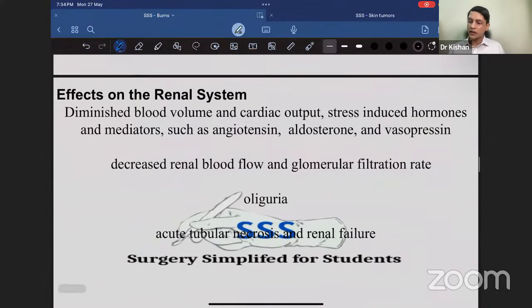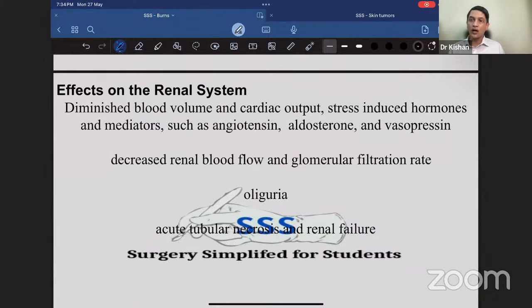Renal system: diminished blood flow and cardiac output, and along with that, there is a lot of stress-induced hormone secretion like angiotensin, aldosterone, vasopressin, etc. This results in further decrease in the blood flow to the kidney, hence decreasing the GFR. If the GFR comes down, it will result in initially oliguria. If timely intervention is not taken, then anuria, acute tubular necrosis, and renal failure can occur.